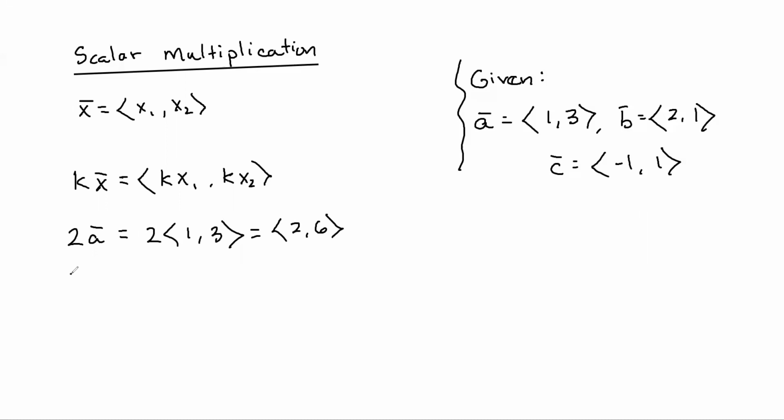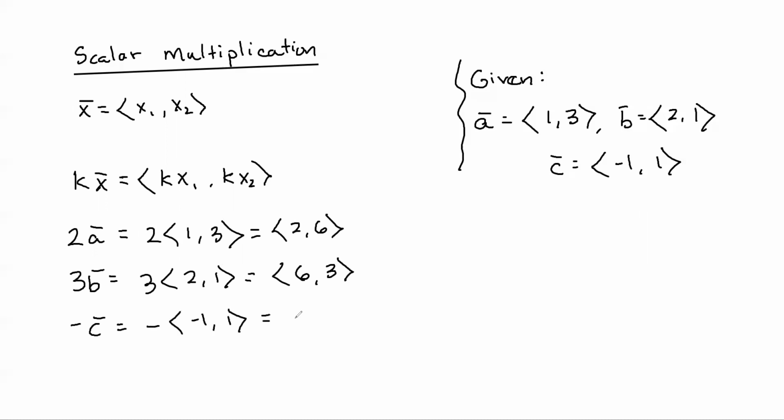We could do 3b, which would be 3 times 2 comma 1, which would be 6 comma 3. You can do negatives. We could do negative c. That would be negative 1 comma 1, which would be 1 comma -1.